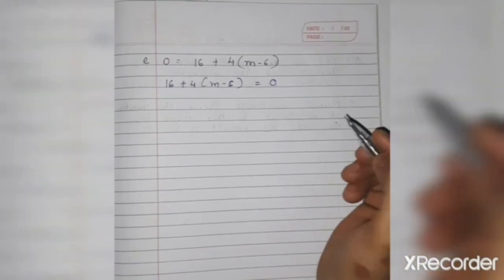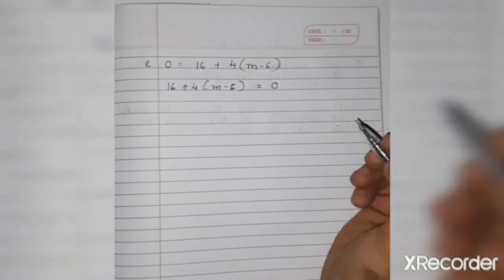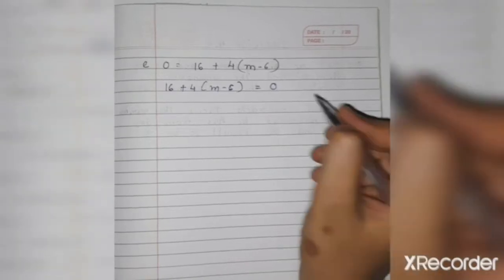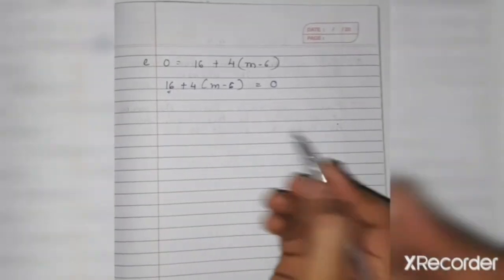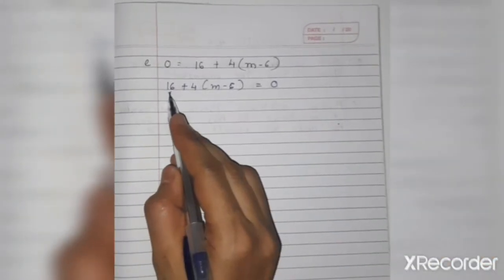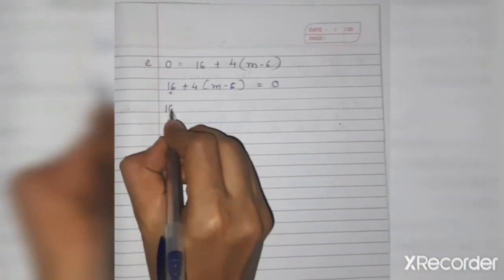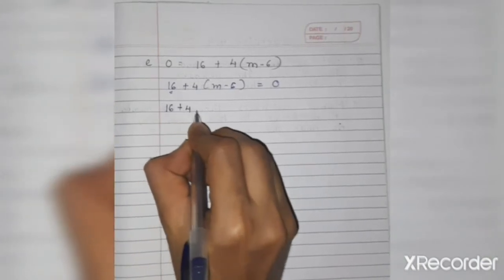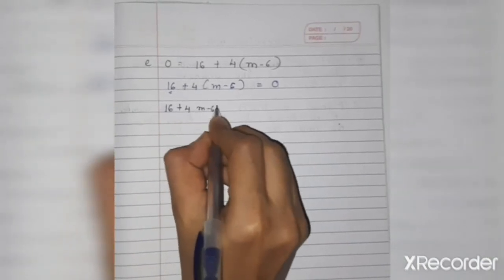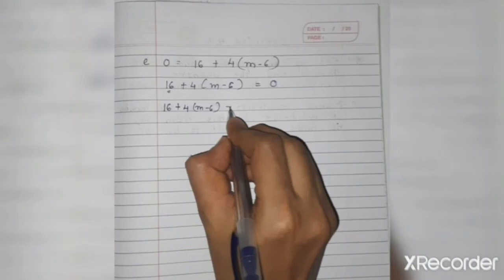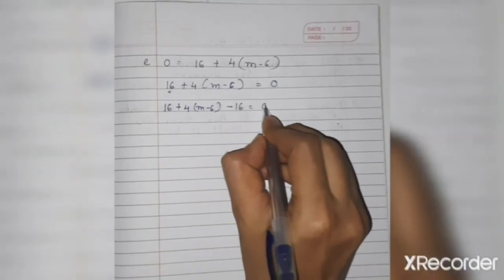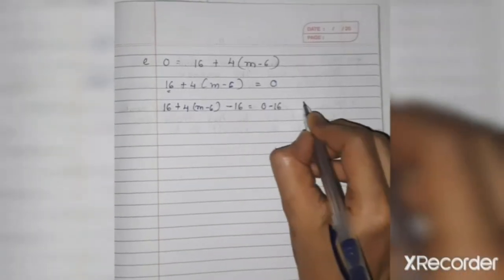Now in this sum we will use both the methods. First, to remove 16, here 16 is positive, so we will subtract 16 from both the sides. 16 plus 4 in the bracket m minus 6, minus 16 equals to 0 minus 16.